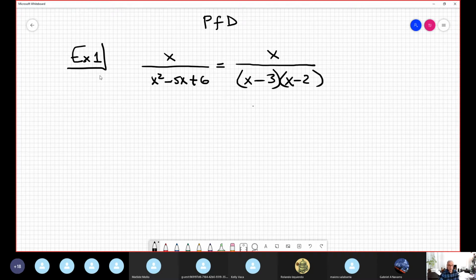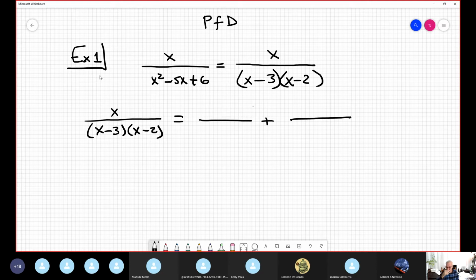So each factor separately has degree 1. Okay, super. So now I write x over (x minus 3)(x minus 2). The partial fraction decomposition is, you separate in 2, and the order doesn't matter. I put x minus 3 in my paper first and x minus 2 in the second, and this is A and B. This is the setup. What is the least common denominator? The least common denominator is what you use to eliminate the fraction.